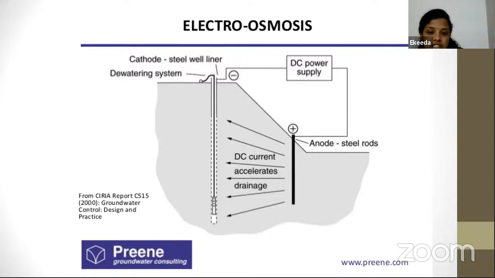Electroosmosis. So when you install a cathode near the slope and an anode at the end of the slope, the water will have a tendency to flow towards this cathode. And when we have to apply a current, where the passage of electricity should be there, a DC power should be connected, and the water will split into H positive and OH negative, and the cations and anions will be flowing towards your cathode and anode.